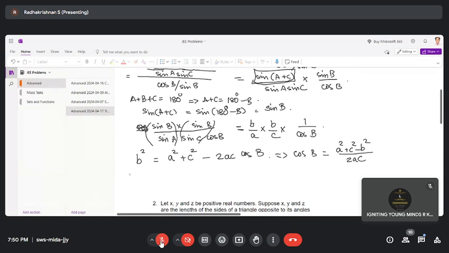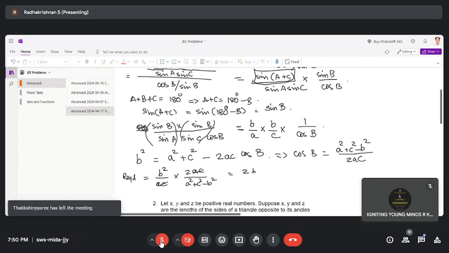So all that remains is substituting B square by AC. I'm writing the required answer. So B into B by AC, B square by AC. Then 1 by cos B gives 2AC by A square plus C square minus B square.